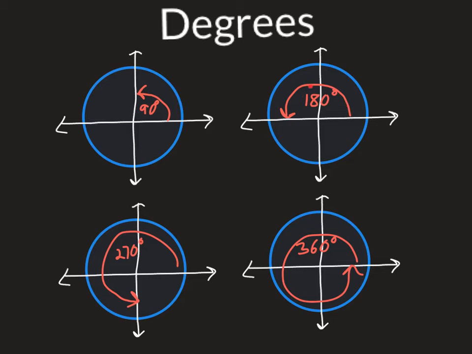Going halfway around is 180 degrees. Going 3/4 of the way around is 270 degrees. Going 360 is all the way around a full circle. This is the way that we're currently familiar with discussing angular measure around a circle, and radians is going to be a new way to describe the same thing.